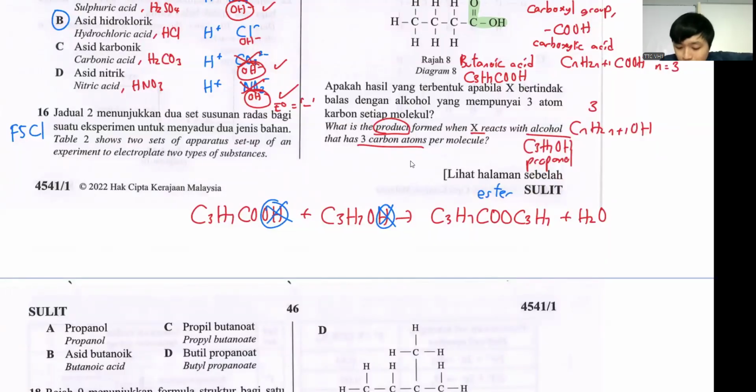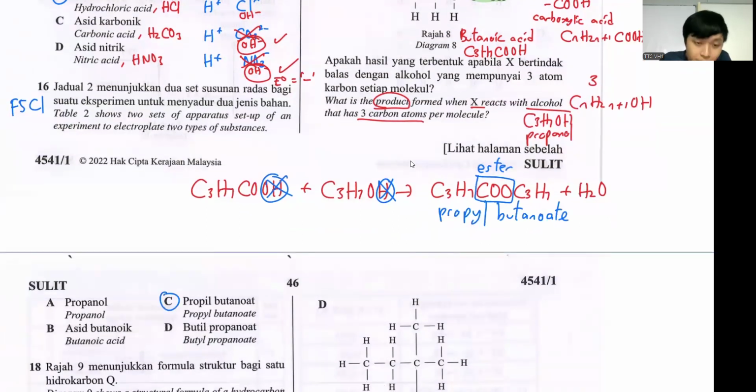In the middle there is COO. Propanol becomes propyl. Remember, for the ester name, butanoic becomes butanoate. So the answer is C. That's why knowing the names is also very important.